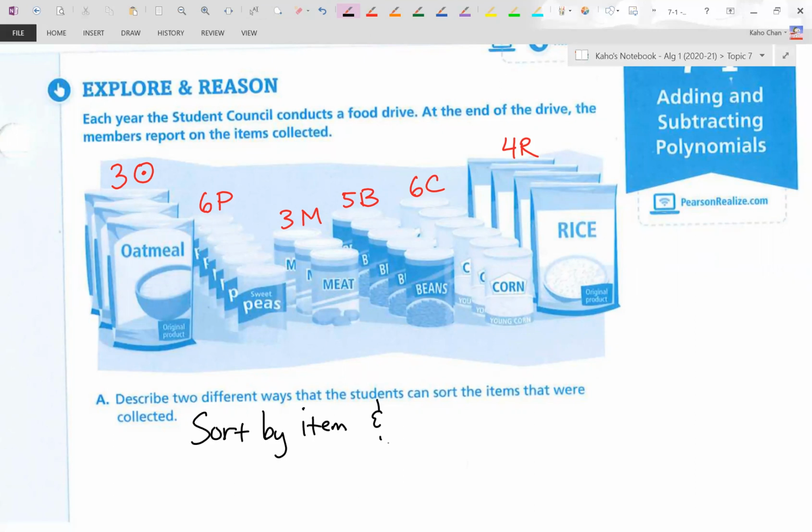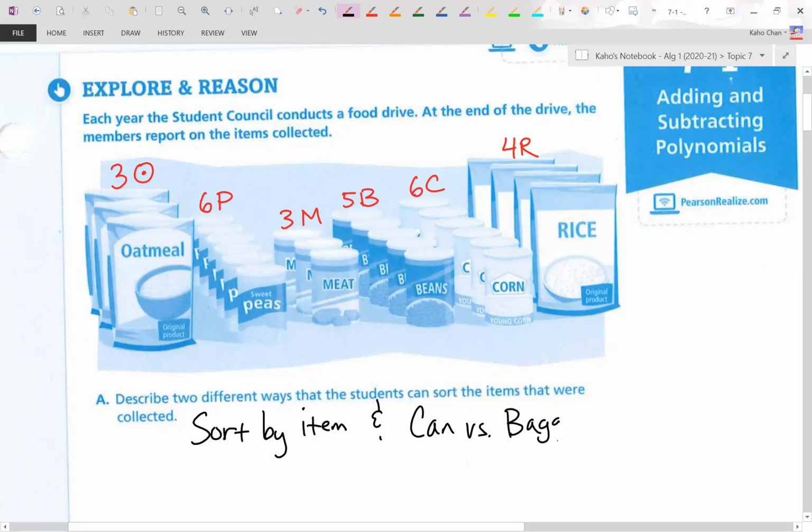And I take a look here, we have bags versus cans. That's a possibility. So let's write that down. Can versus bag food. This is sort by packaging.